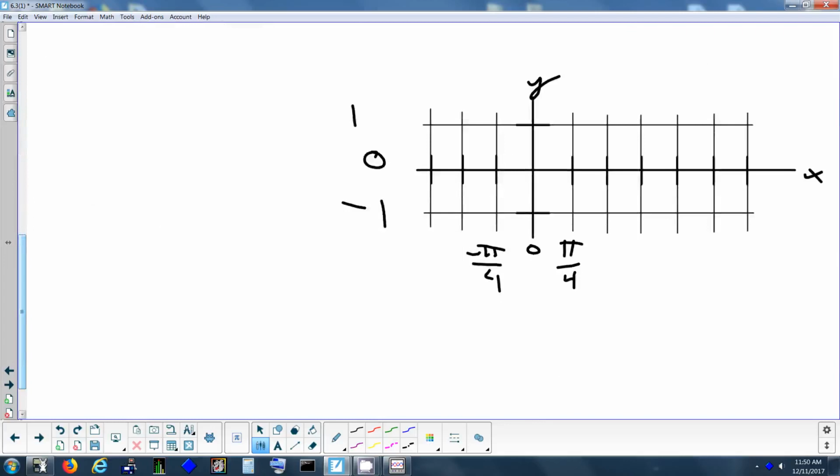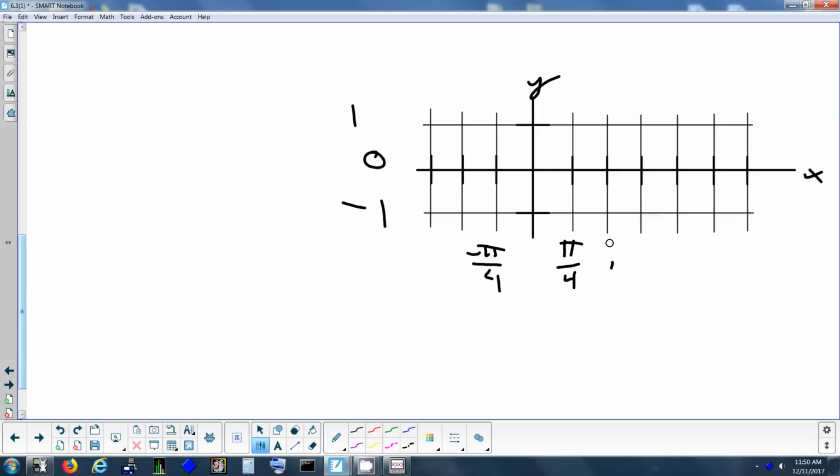So now, here's the important thing. The next label is 3 pi over 4. Where does the next label go? It can't go here, right?